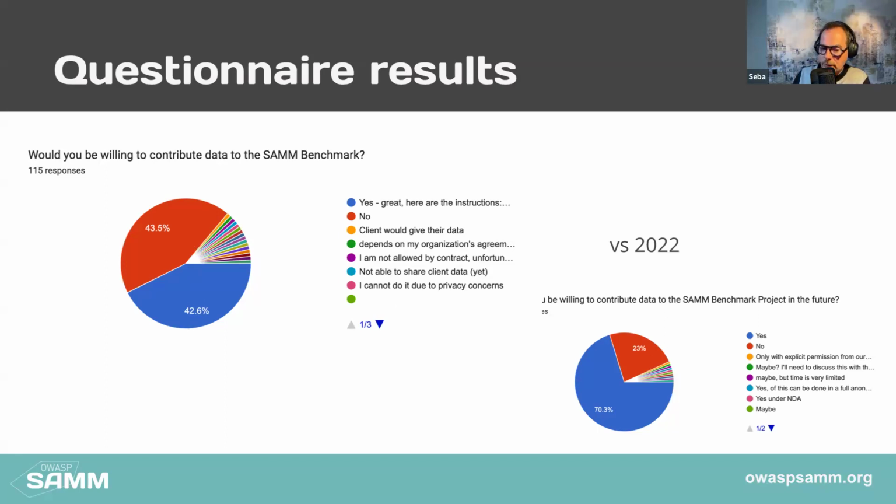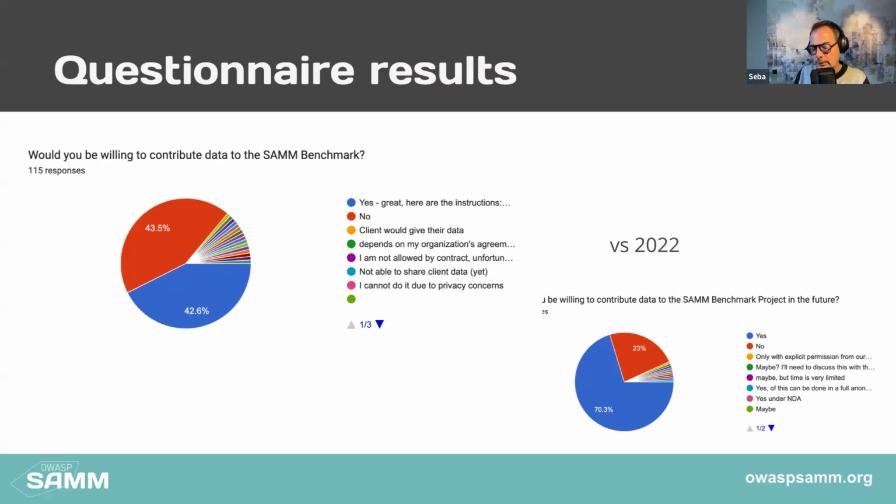You see there is a drop from 70%, where in 2022 it was, yes, we can do that, but it wasn't really clear how to do it. Now it's more clear, and it's good that still more than 40% say, yes, we want to do that. But there is a growing number of people who don't want to do this because they realize what that means. There are also quite some questions and objections that we can go over, and we'll definitely go deeper into this when we write up the blog post.